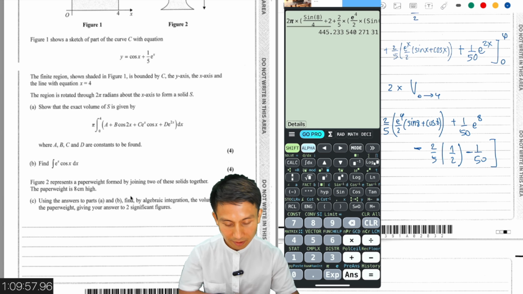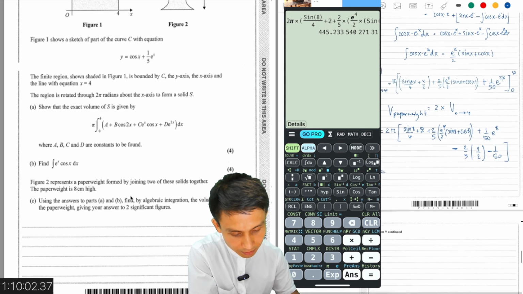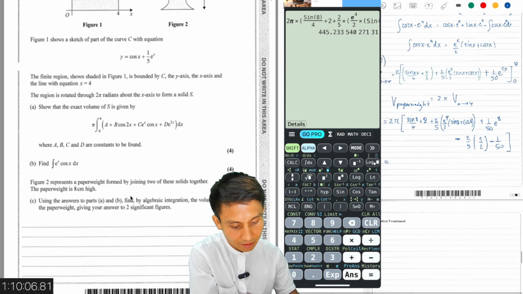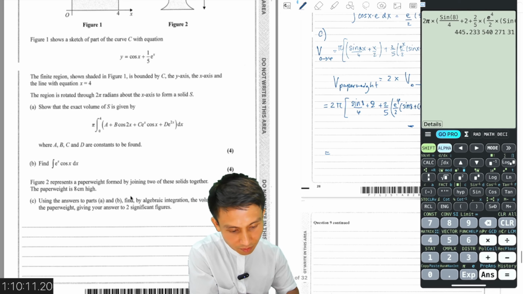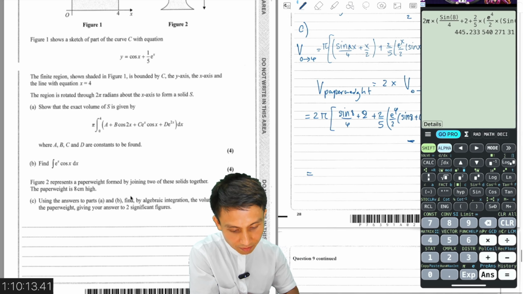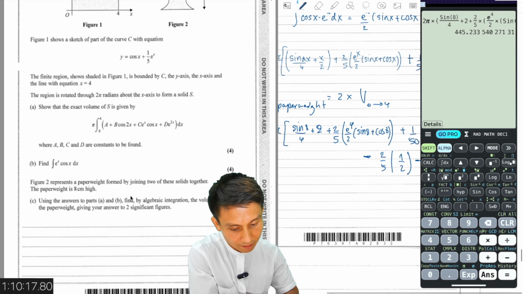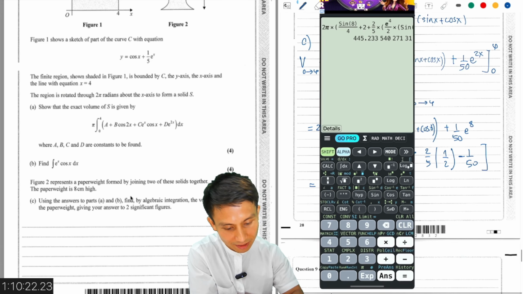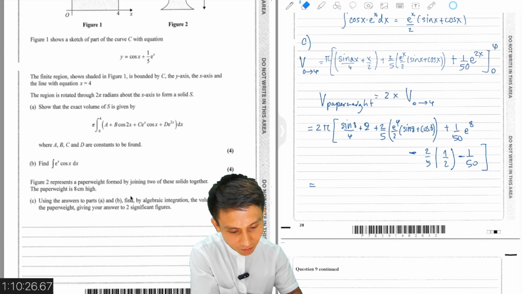So let's see. 2 pi outside everything, because I got 2 from 2 of the solid S and then v from 0 to 4. Then I have here sine 8 over 4 plus 2 over 5 times the whole thing there. Wait, how did I get sine 8? We are subbing in 4 into this, so it should be sine 4.